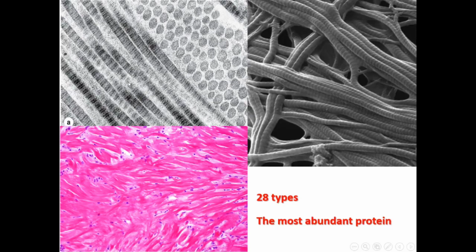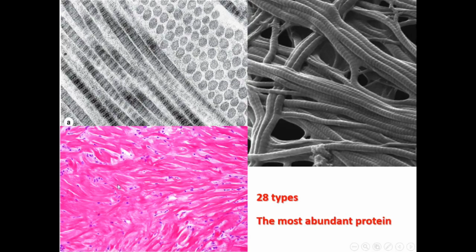And under the TEM you can see transverse and longitudinal sections of collagen fibers, again with striations of alternating dark and light bands. Then I will explain why we have this striation on collagen fibers.